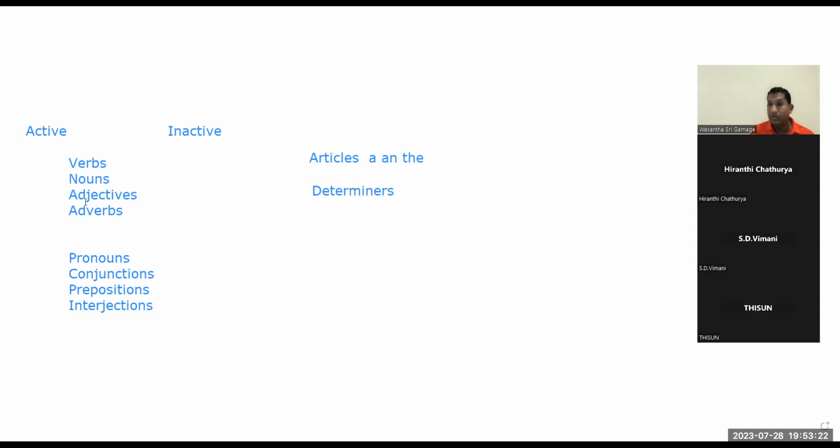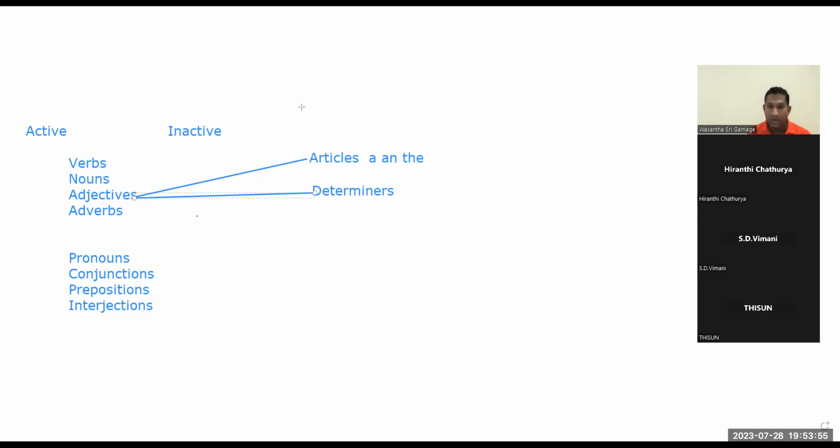So earlier I told you there are 8 parts of speech. Yes, right? Now I have written 10. What's that? So articles themselves are also a type of adjective. And determiners are also a type of adjective. So when we broadly discuss adjectives, we can find articles also acting as adjectives, and determiners also acting as adjectives, right?